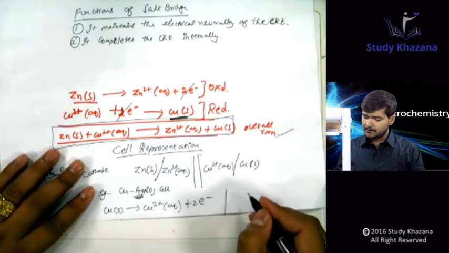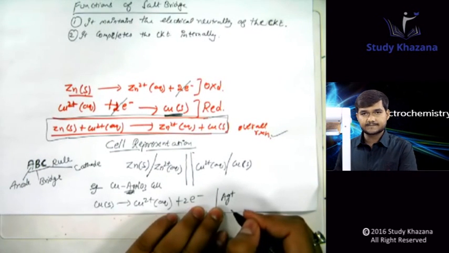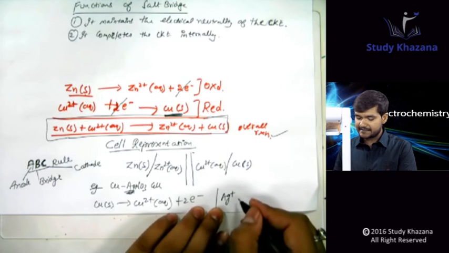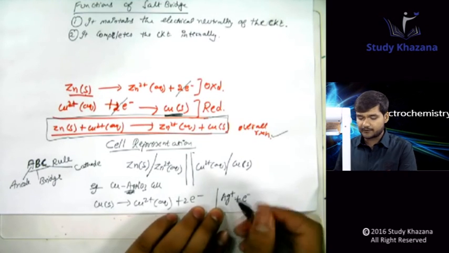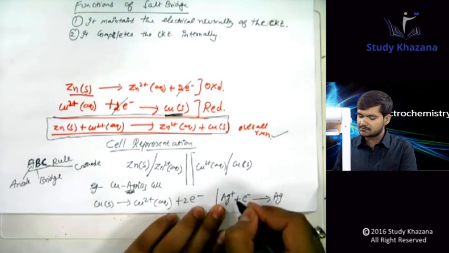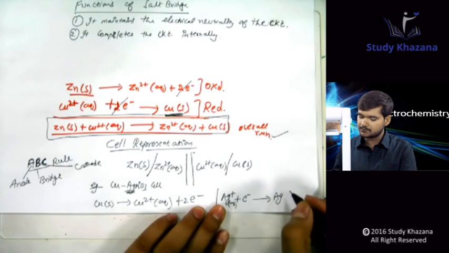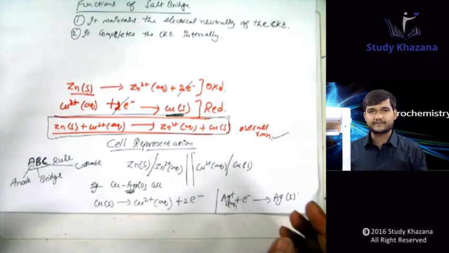And what will silver do? Ag+ will gain one electron. Only a single electron is required to neutralize this single positive charge. So this will become Ag solid. These are the two half reactions.